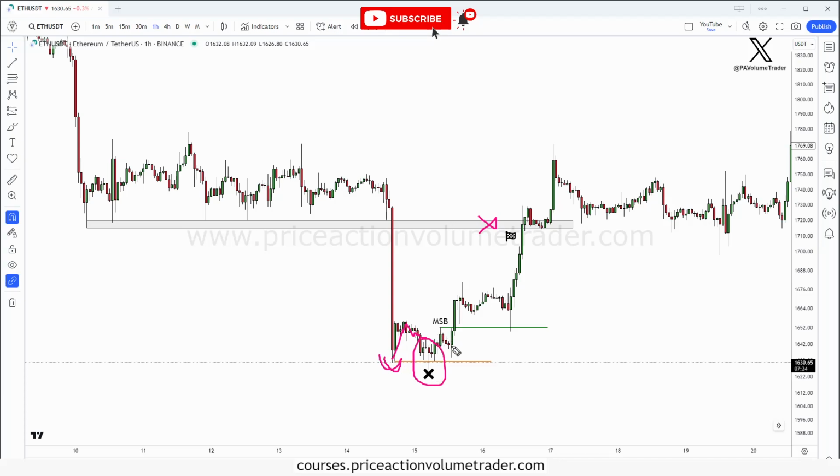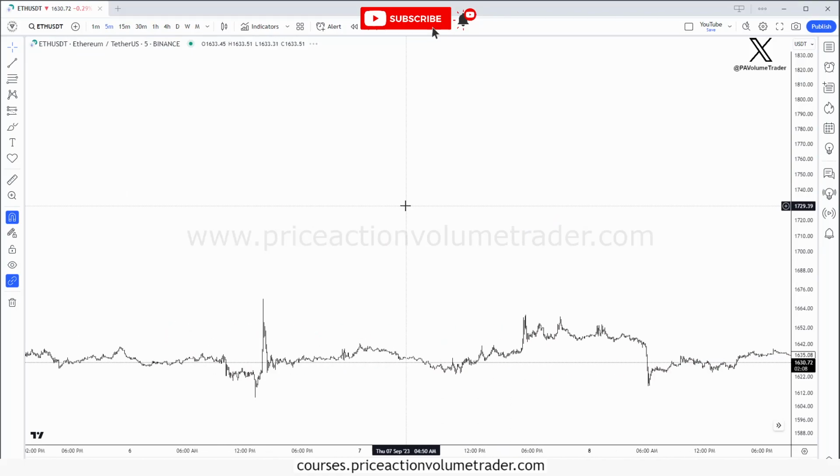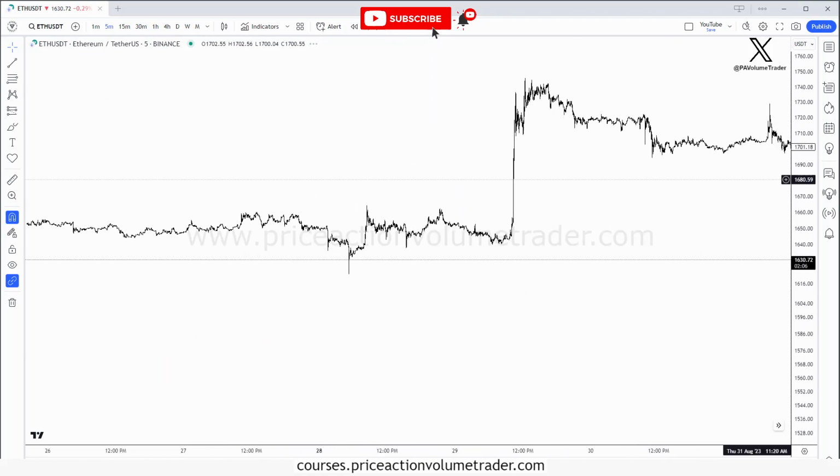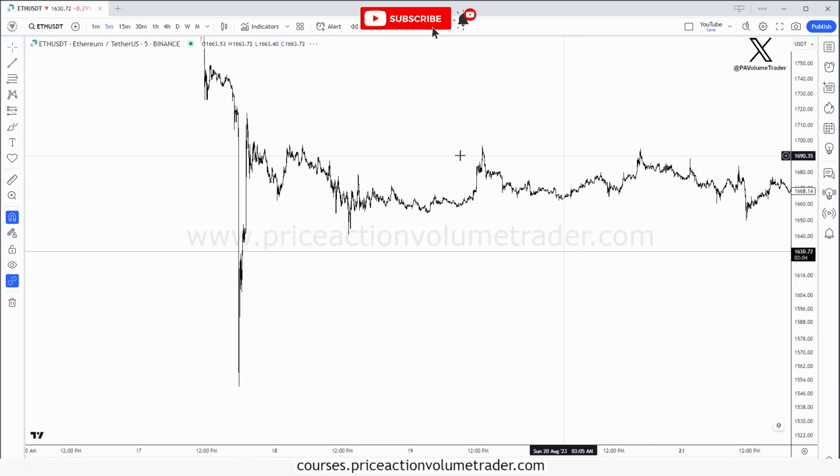Then we come up here and then we make this impulsive move that breaks this resistance to the upside. So now if we drill down into a lower time frame, let's go into a 5-minute chart to look at this in great detail.